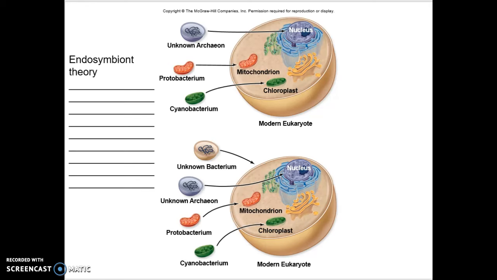So as those things occur over lots and lots of generations, the cells become dependent upon each other. A thing called symbiotic relationship. They work together, they're dependent upon each other, and they're both benefiting each other with this scenario. So the endosymbiont theory is how we explain the origin of eukaryotic cells.